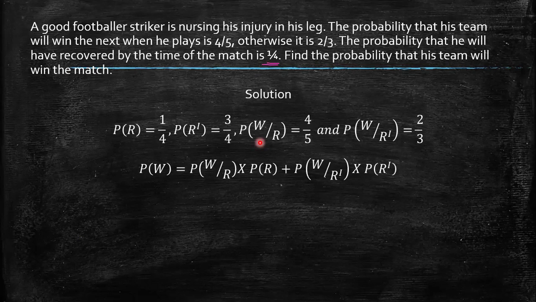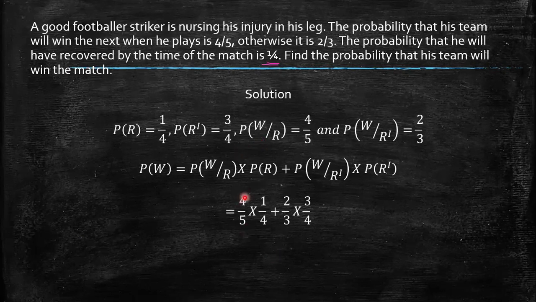Then the probability of the team winning is the probability of W given R times the probability of R, plus the probability of the team winning given that he has not recovered times the probability of him not having recovered.